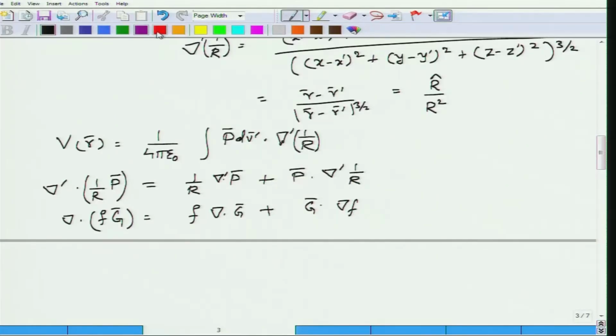Now, if you look at this second term, this is precisely the term that is sitting inside this volume integral. dV prime is just a scalar that can be taken out without any change in this expression, right. So, dV prime can be just put outside of the dot product, I mean.